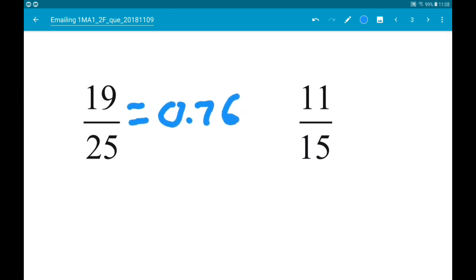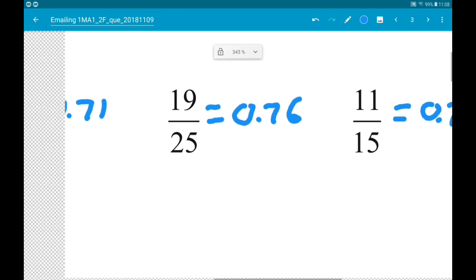And then 11/15 is 0.7333 recurring. So we can just call that 0.73.